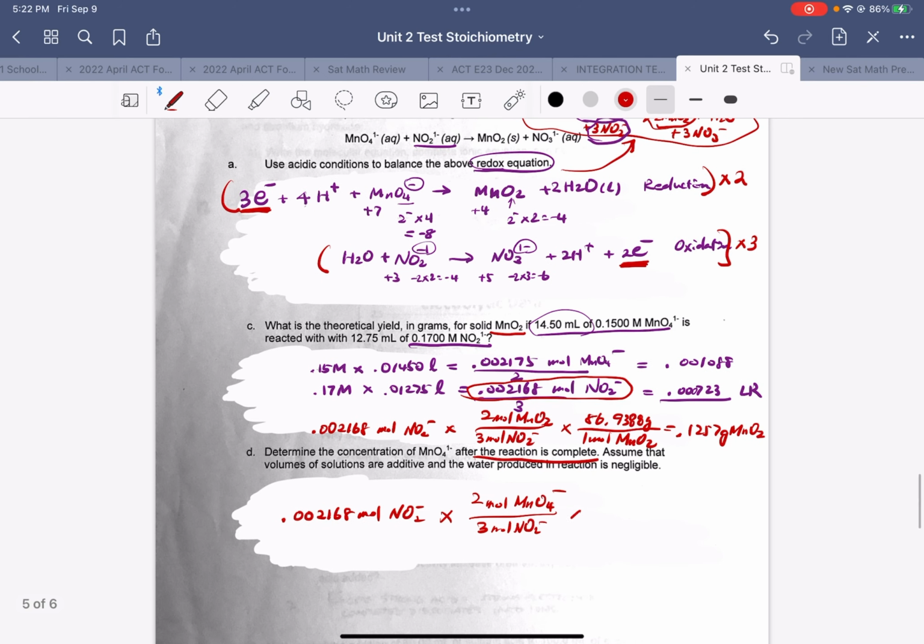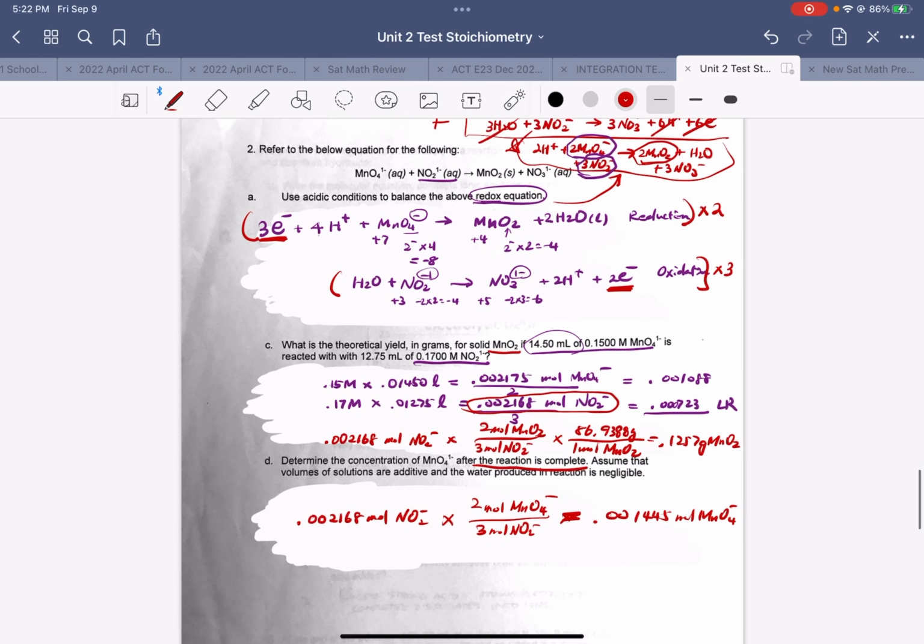When you multiply, you get 0.001445 mole of MnO4. So that much MnO4 you're going to use when the reaction is complete.